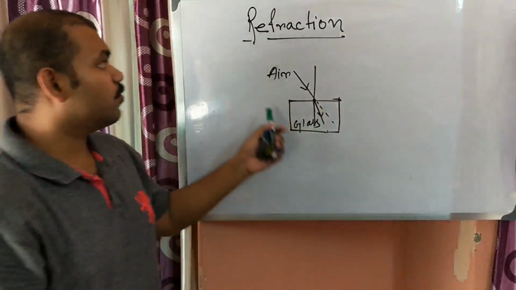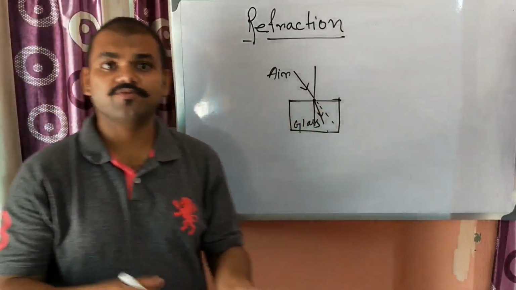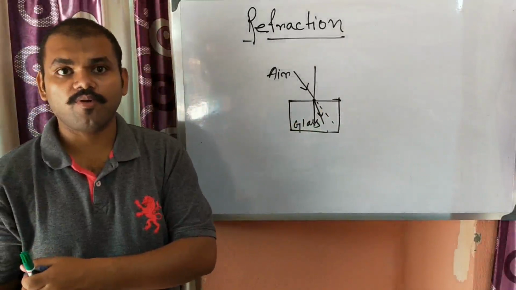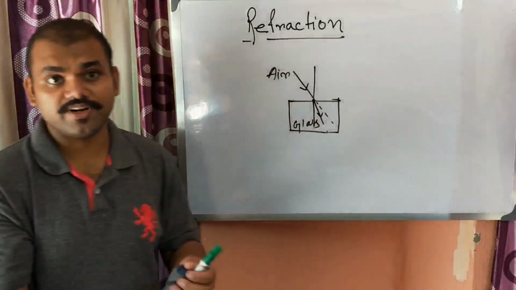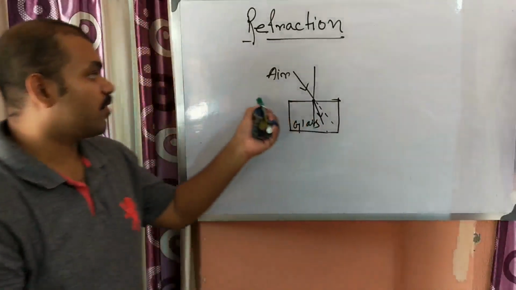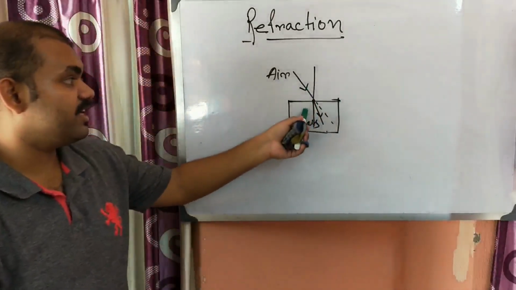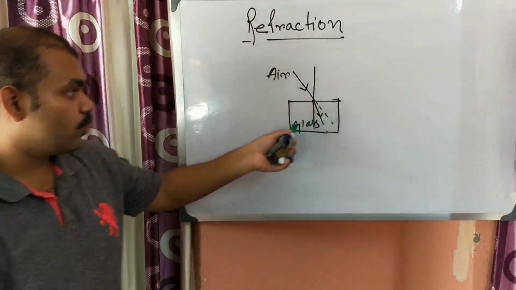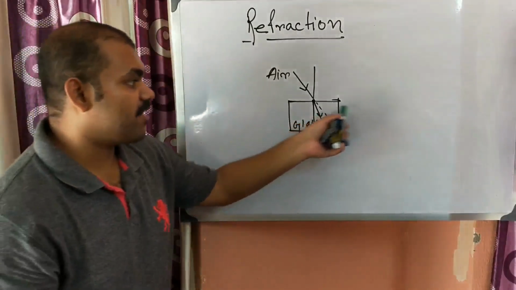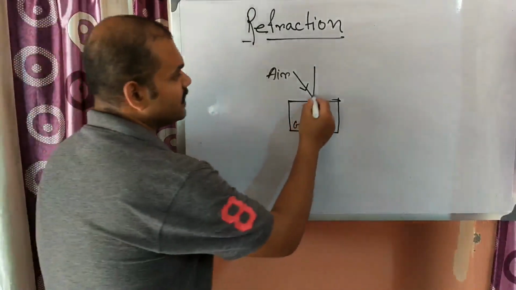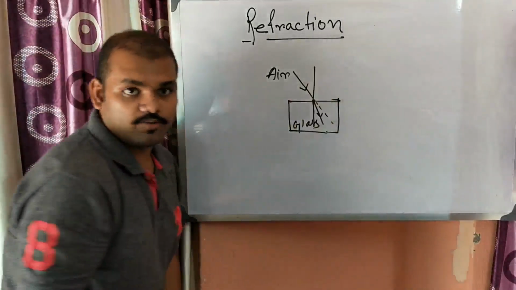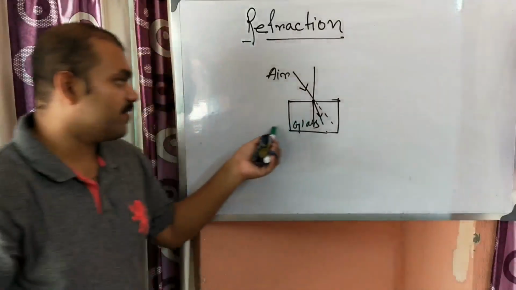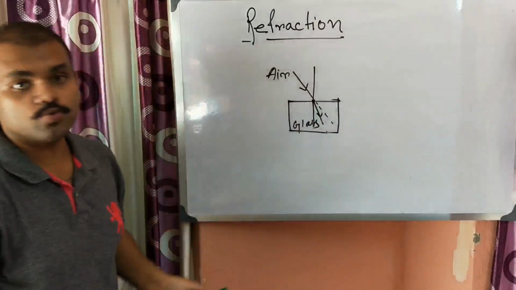So whenever light rays are coming from one medium of one optical density to another medium of different optical density, then from the separation of the two media, the light either bends towards the normal or bends away from the normal. Now what is normal? Normal is an imaginary line drawn on the surface perpendicularly, so it either bends away from the normal or bends towards the normal.